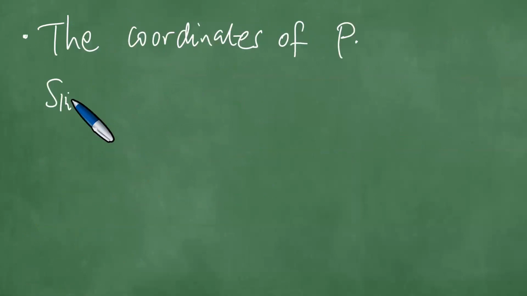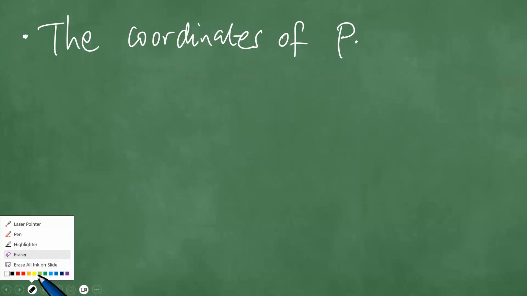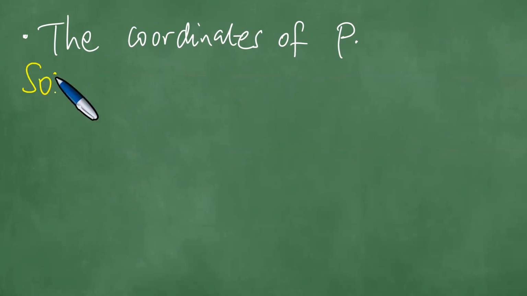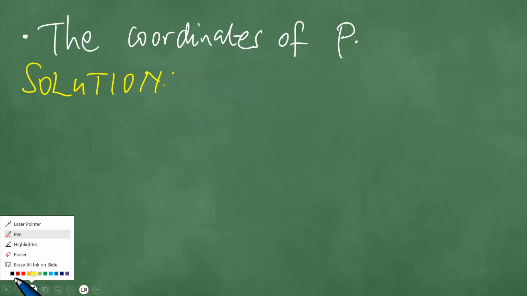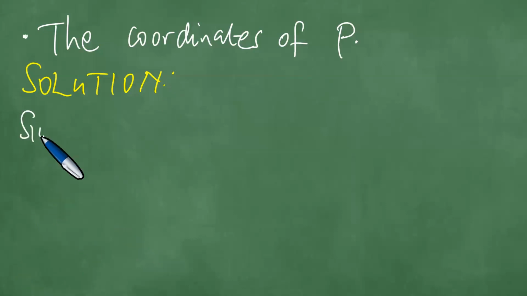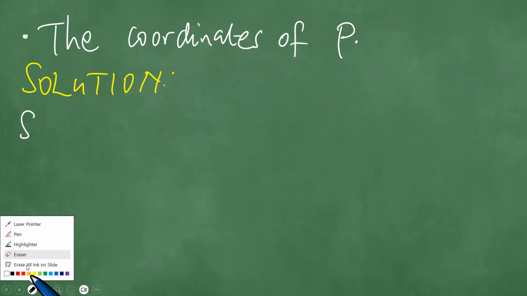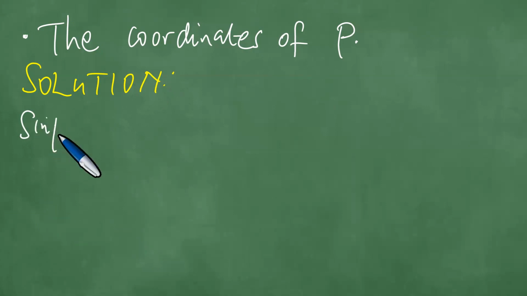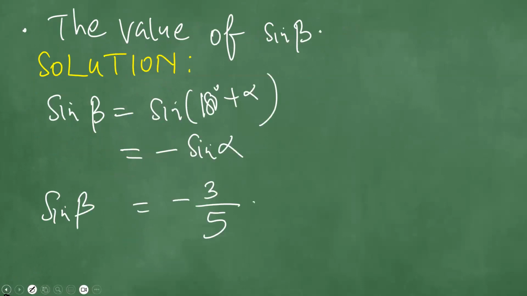So we're looking at the solution here. What is the sine of beta? We have already got the sine of beta to be negative 3 over 5.